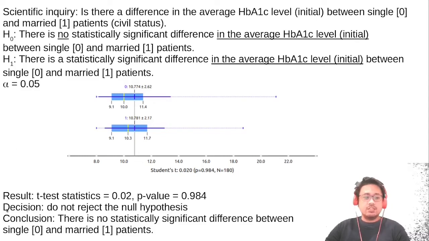So ang decision natin is we are not going to reject the null hypothesis. So ibig sabihin, the null hypothesis ay totoo. Okay, there is no statistically significant difference between single patients and married patients in terms of their average initial HbA1c level.